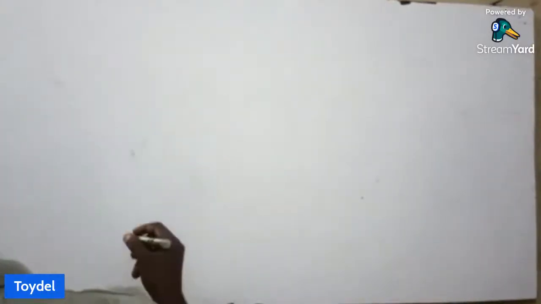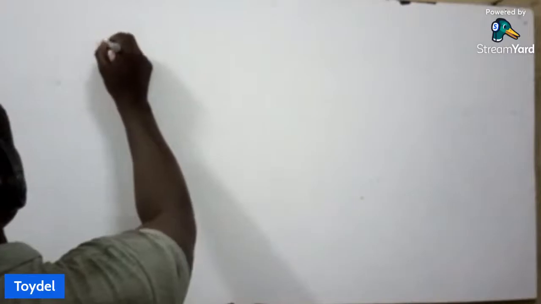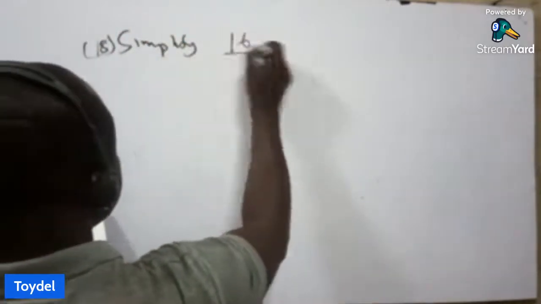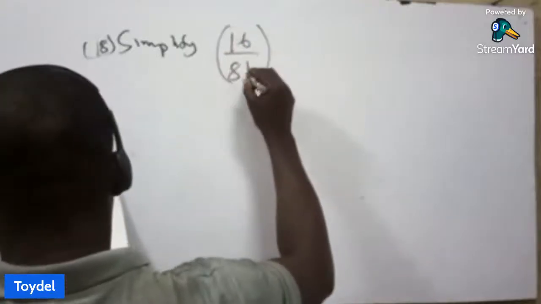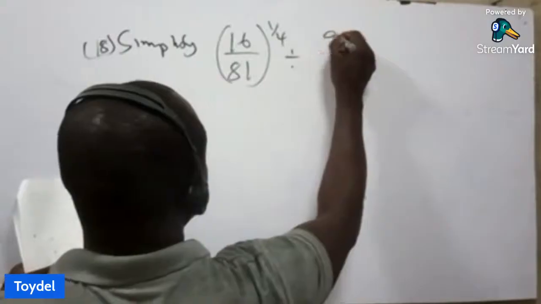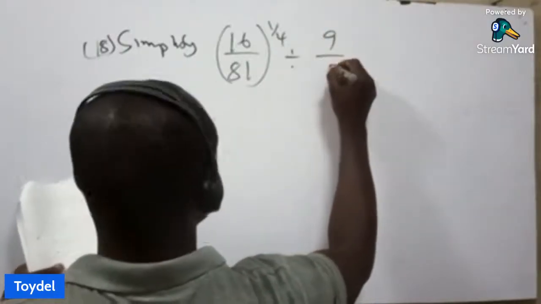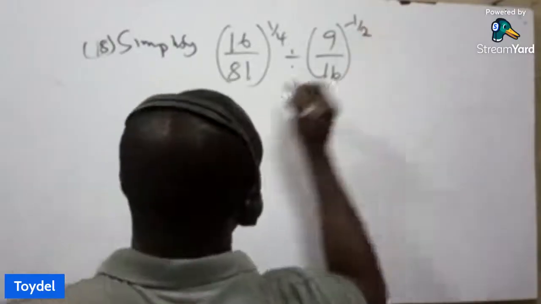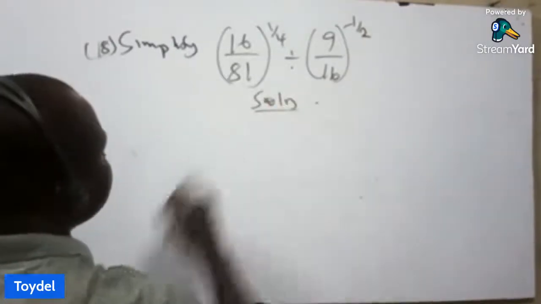So another question is where you have: simplify 16 all over 81 raised to power 1 all over 4, divided by 9 all over 16 raised to power minus half. Okay, so this is what you get.